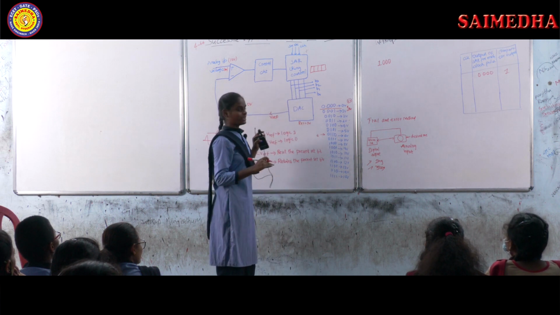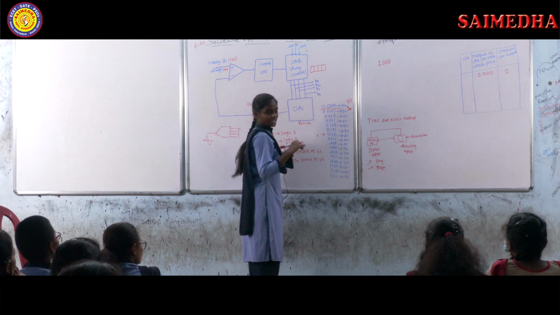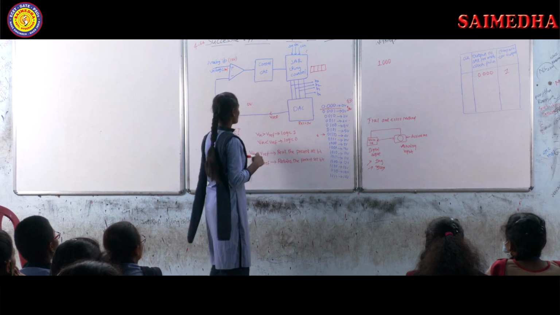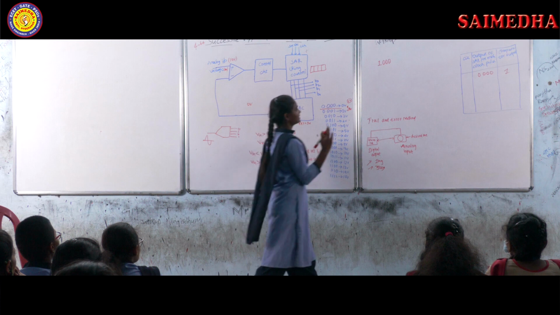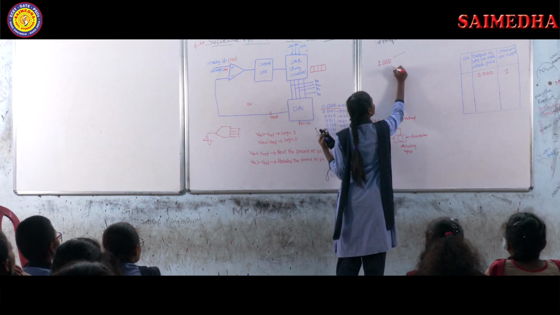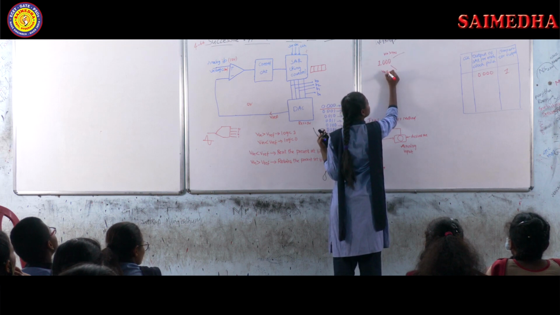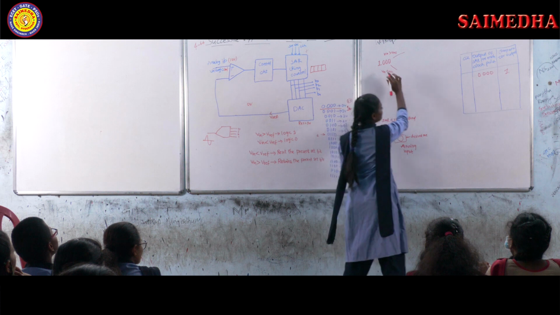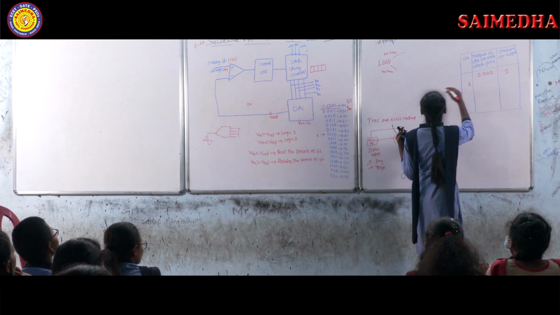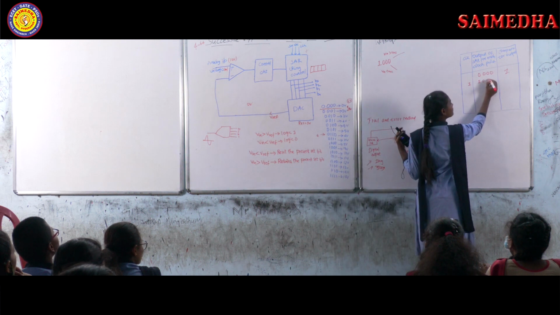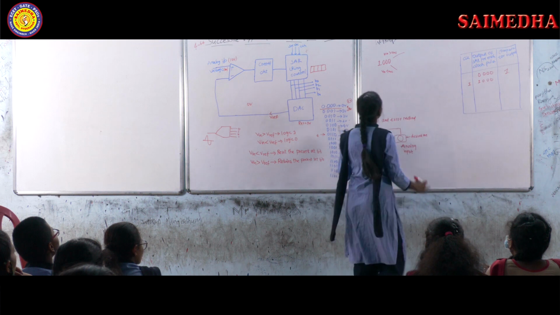Basically it starts from the MSB, so the first MSB bit will be 1. Let us consider these two conditions: whenever Vin is greater than V reference, and whenever Vin is less than V reference. For the first clock pulse we are getting 1000 at the output of SAR.